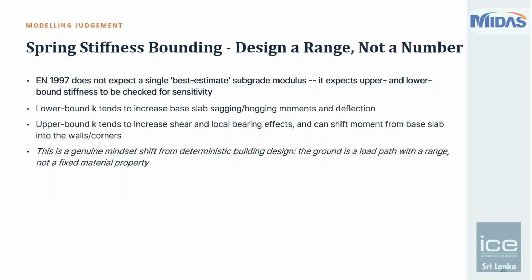Now this is not one single value. The value is arrived at by testing, and testing is not done for the entire bearing area, right? So the value might show you a higher estimate as well as a lower estimate. So it is always suggested, when carrying out the design, that we use an upper bound and lower bound estimate of the soil springs, so that if the soil does not offer the spring stiffness that you have assumed, the structure must not fail, right?